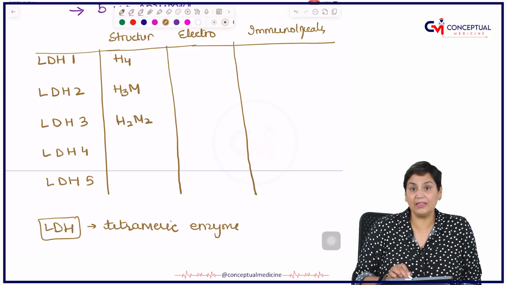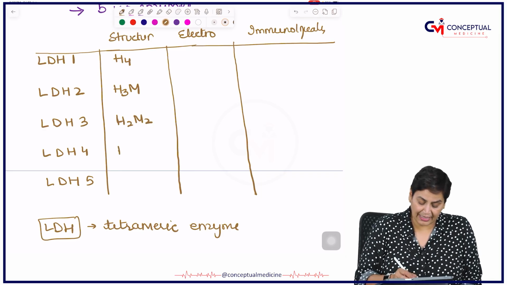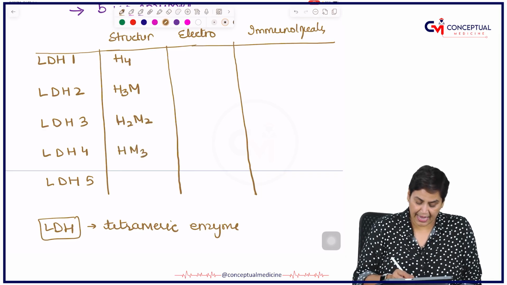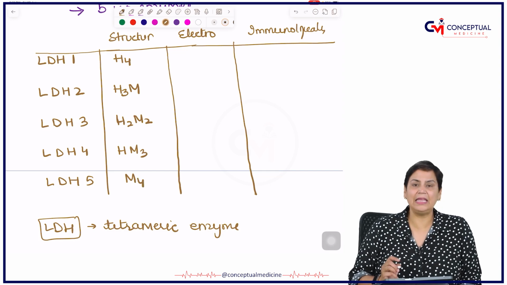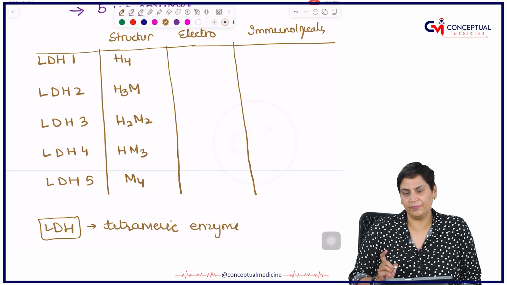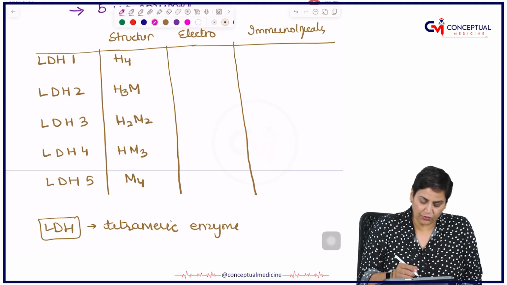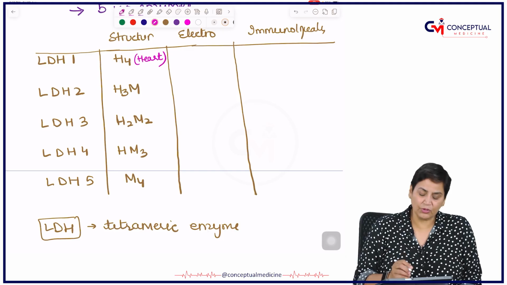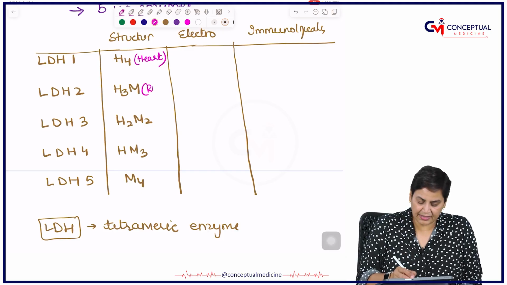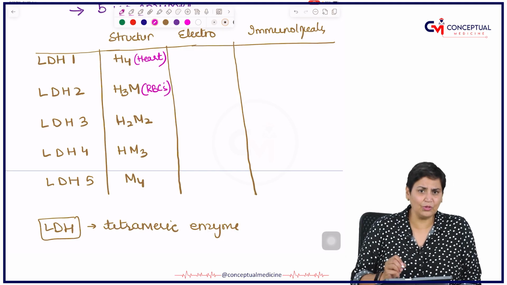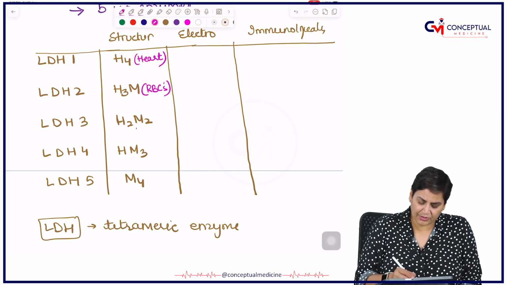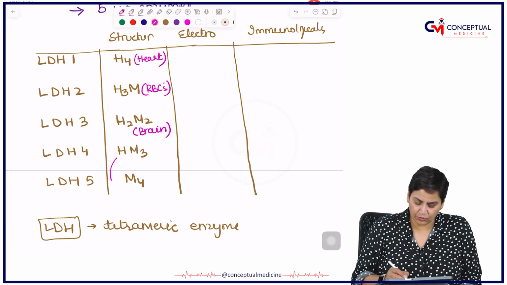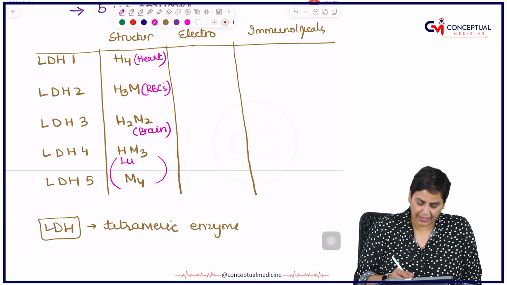It is present in the brain. And LDH4 and LDH5 are present in the liver and the skeletal muscle. So, H4, most important, is present in the heart. H3M is present in the RBCs and in WBCs also. H2M2 is present in the brain. And HM3 and M4 are present in the liver as well as the skeletal muscle.